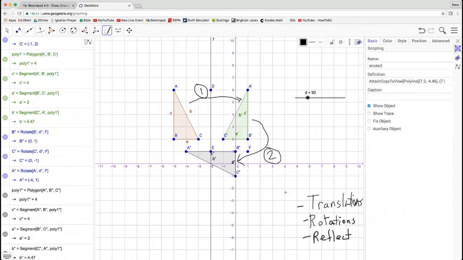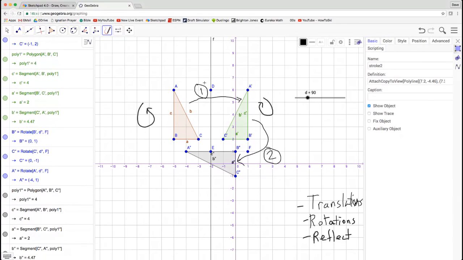Now, if I go from 1 to 2, remember, I'm going to tell you it's exactly one thing that can get you from here to here. And remember, if I go A, B, C, I'm going counterclockwise, and here I'm going A prime, B prime, C prime. So remember what our rule was. Is that a translation, a rotation, or a reflection?